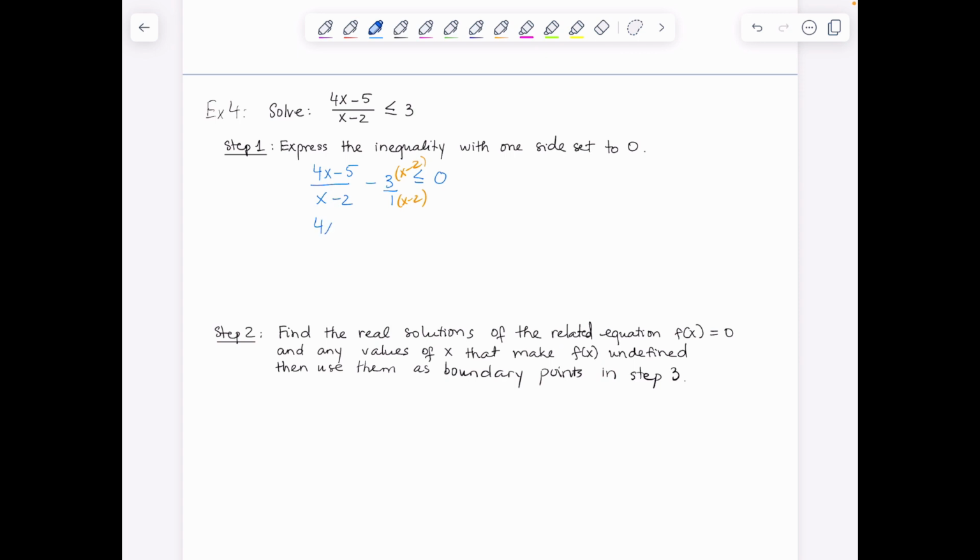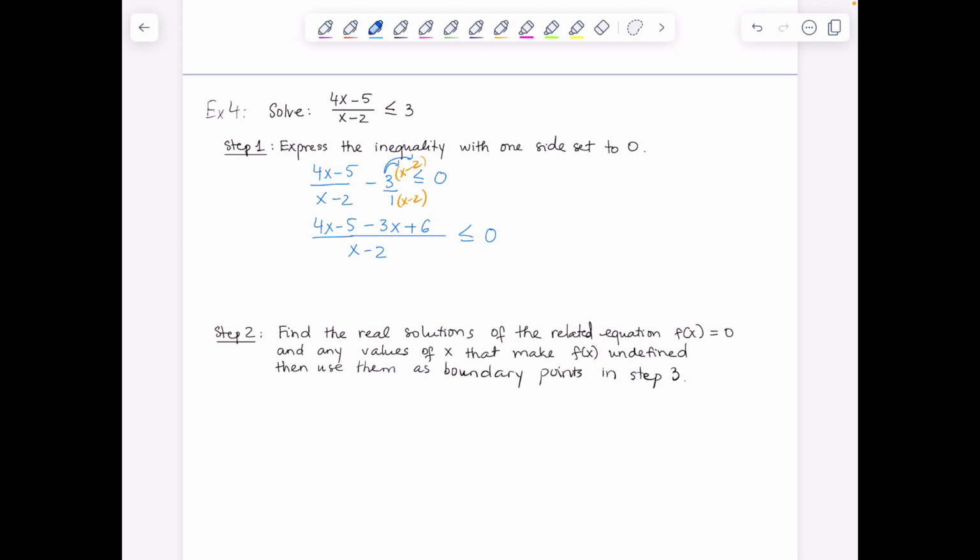So keep the first expression the same. The second expression, properly distribute the negative 3. So we should have, and we can merge that as one expression now because they have the same denominator. So distributing negative 3, we get negative 3x plus 6. And then that's less than or equal to 0.